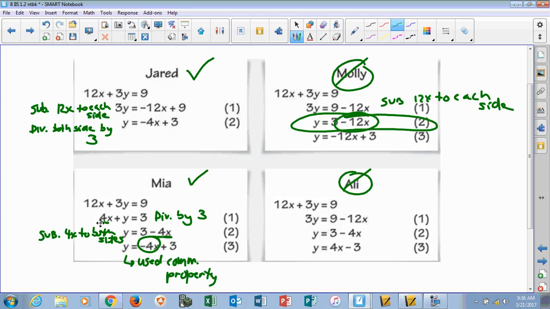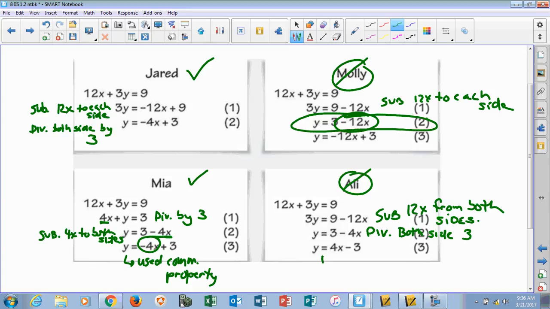All right? So Allie, down here, kind of starts off the same way Molly did. She subtracted 12x from both sides. Okay. And if you look, her step 2 is fine because she divides both sides by 3. And she divides every single term.